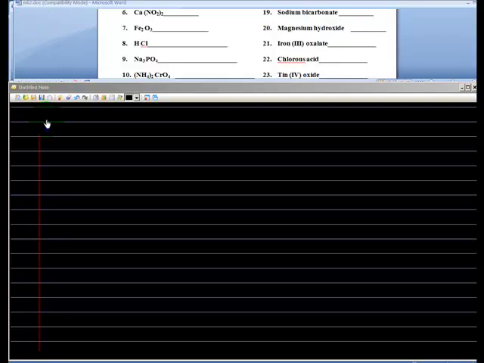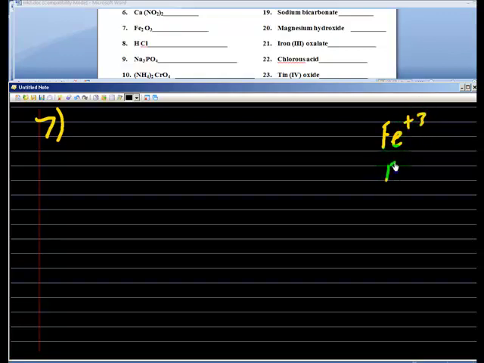In problem number 7, you got Fe2O3. Now, if you look at your transition metal chart, you will notice that iron, Fe, has 2 different possible states. It could be iron, or Fe, +3, or it could be Fe +2.